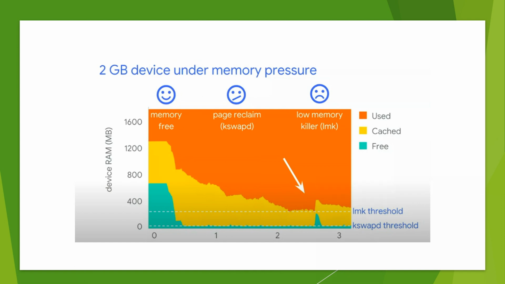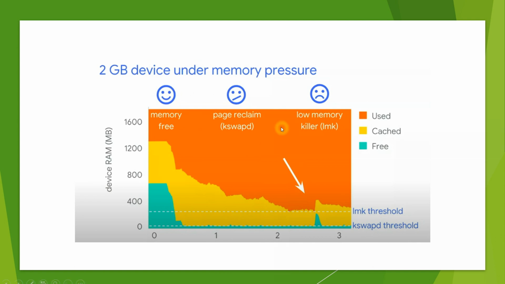This is a very bad state, something to be unhappy about, because we have to always write applications in such a way that they do not utilize more memory, so that the low memory killer does not kill the processes. Every process is important to us. Now there is an order in which the low memory killer will kill the processes, and I will tell you all that in my next tutorial.